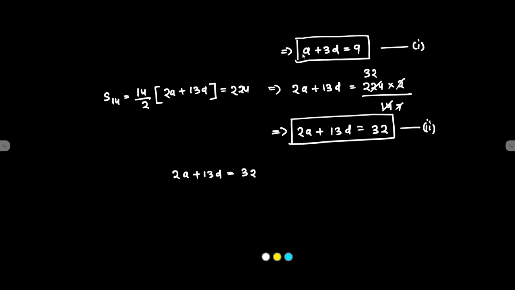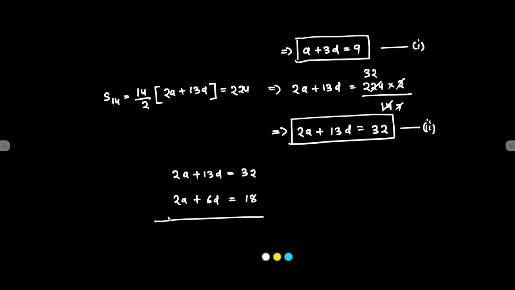We'll multiply 2 with the first equation, so multiplying 2 on both sides, we get 2a plus 6d is equal to 18.